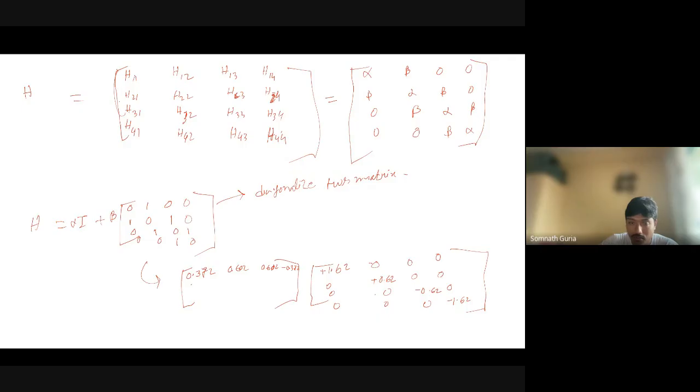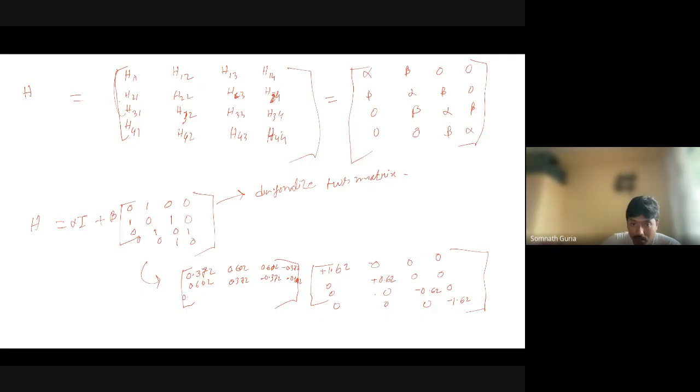Similarly, the second row will be 0.602 plus 0.372, minus 0.372, and should be minus 0.602, sorry.